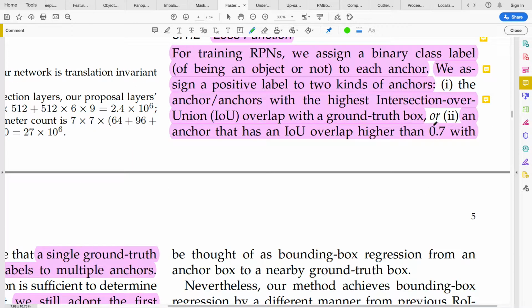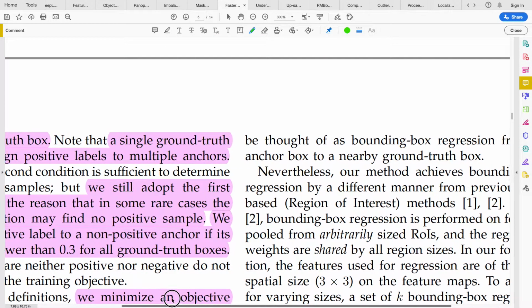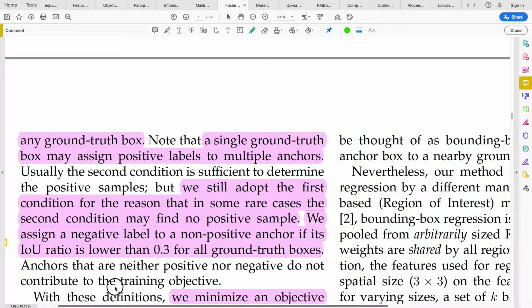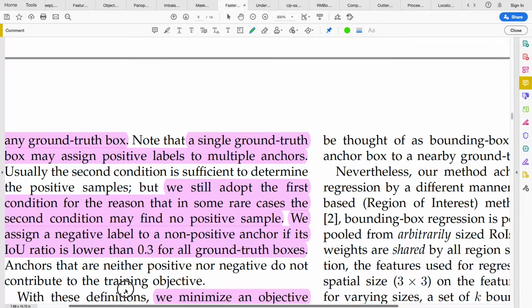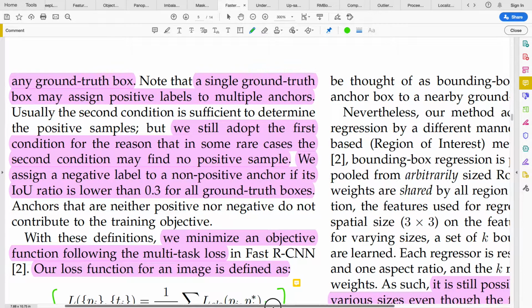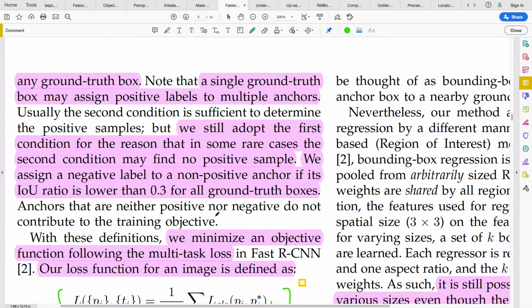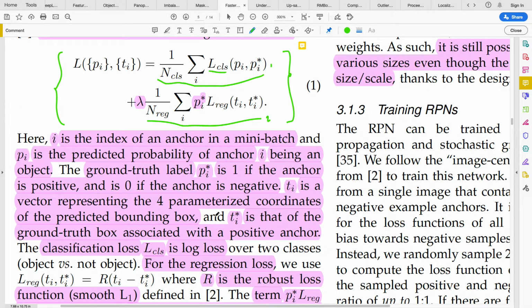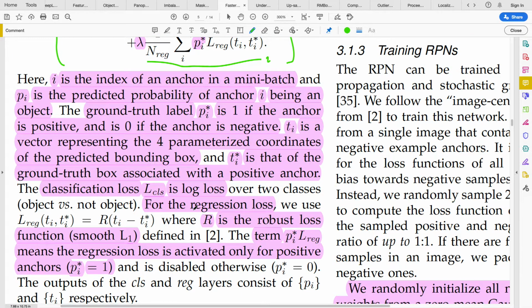Then we can choose anchors that have an IOU overlap greater than 0.7 with any ground truth box. The essence of doing that is to make sure that the predicted box is as close as possible to the ground truth.